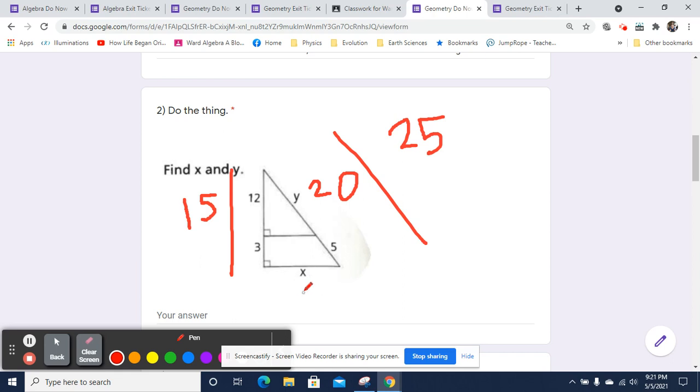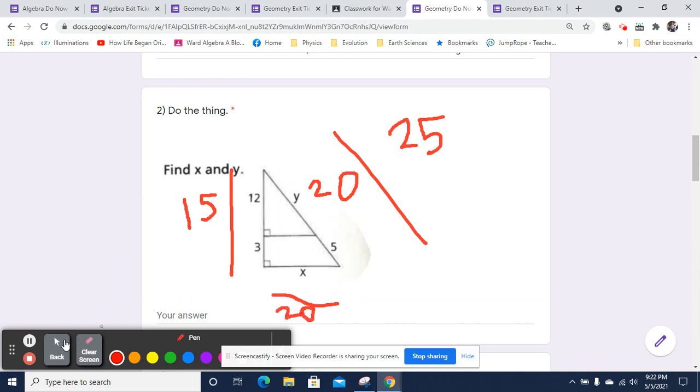This is definitely not drawn to scale. The x aspect of this is squished for sure, because if this is a 3, 4, 5 triangle, then this side is the 3 side, 3 times 5. This side is the 5 side, 5 times 5. So this is going to be the 4 side, or 4 times 5. So this one that is drawn to be shorter than this is actually going to be 20.